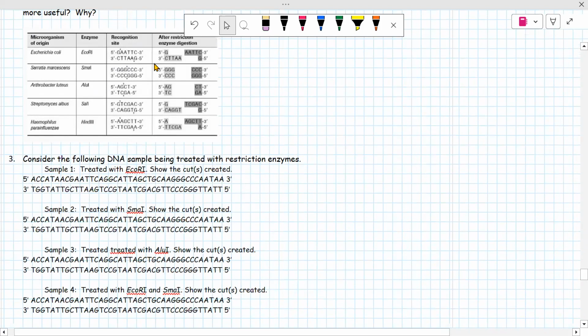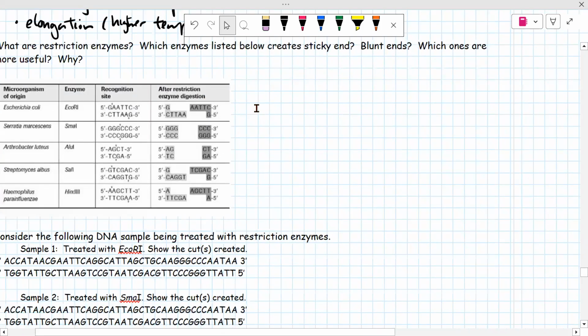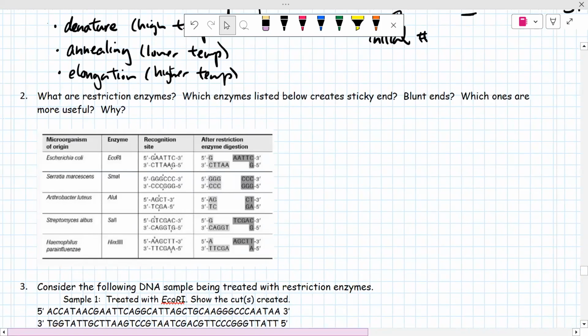Over here, we have: what are restriction enzymes, which enzymes listed below create sticky ends or blunt ends, and which are more useful? Restriction enzymes are necessary for bacteria to defend themselves from foreign genetic material.